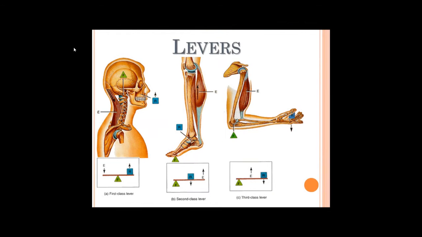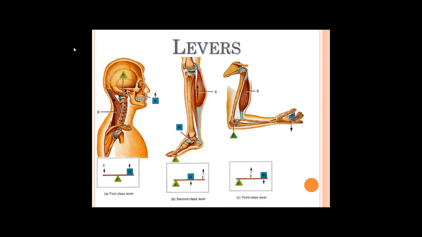Now there are actually three classes of levers used by the body. There's the first class lever, second class lever, and third class lever. Now which of these levers do you think is the most commonly used form of biomechanical lever in the body? If you answered third class lever, you would be correct.